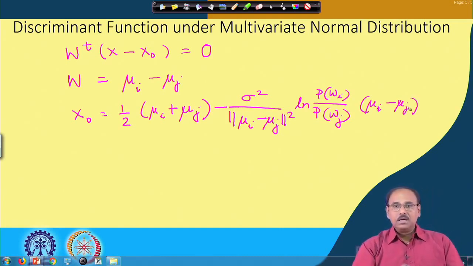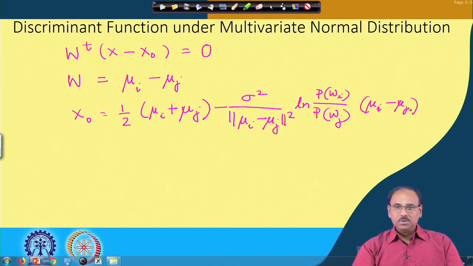So, you see what is the significance of this particular expression? It says the equation of the boundary between the two classes, ith class and jth class, is given by W transpose x minus x naught equal to 0, which simply indicates that this boundary is a linear boundary. In case of 3 dimension, it is a plane. In case of multi-dimension, it is a hyperplane.